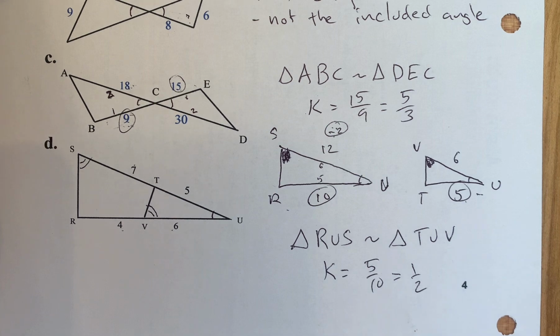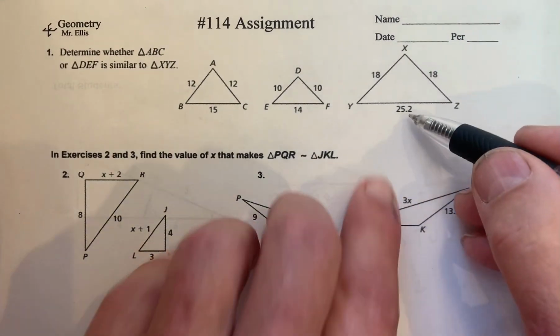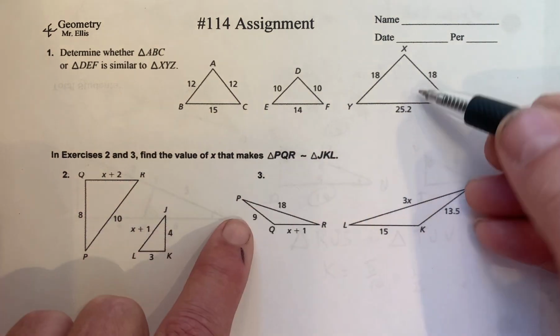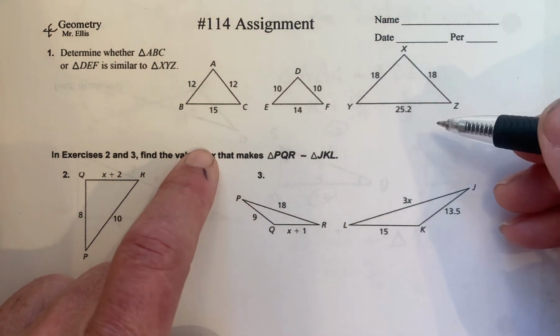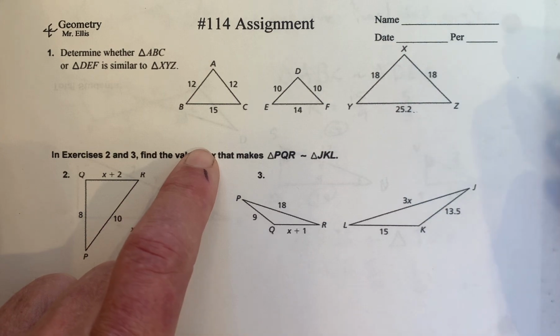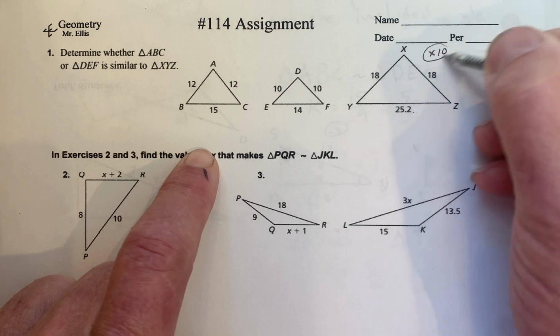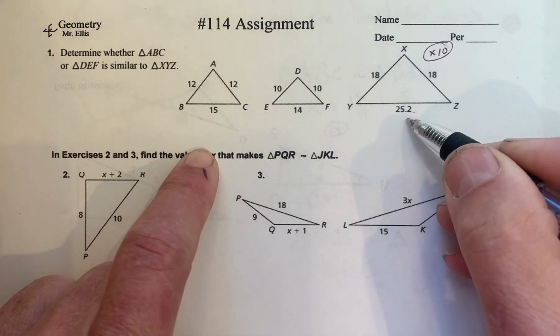Let's take a look really quick, a preview of the assignment that I gave you today, just to give you some heads up, because I noticed that this one has a decimal, and if you want to use this technique for this one, it's going to be harder because that's a decimal. So I'm going to just say, instead of dividing, I'm going to multiply this one by 10 just to get started with, because I want to get rid of that decimal.